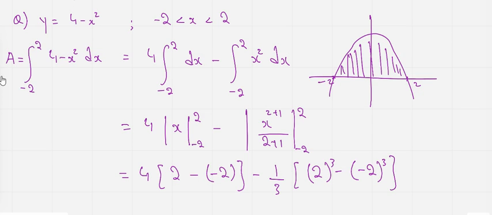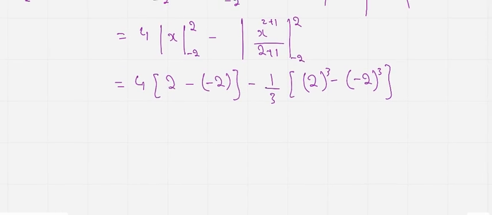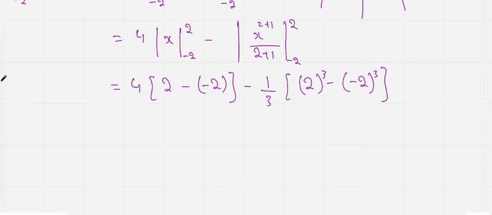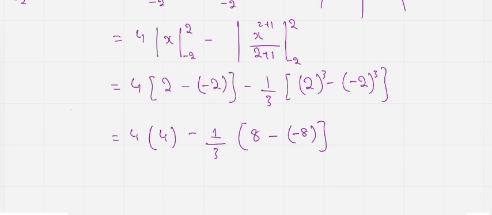It's just basic maths. It's 8 minus minus 8, because whenever you have an odd power on a negative number, the answer is always negative. So negative cube is negative, and 2 cube is 8.